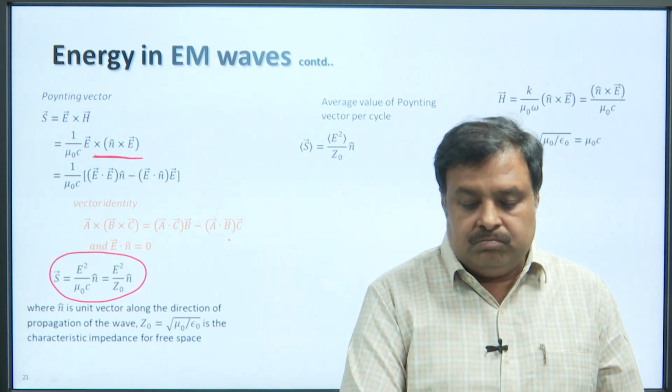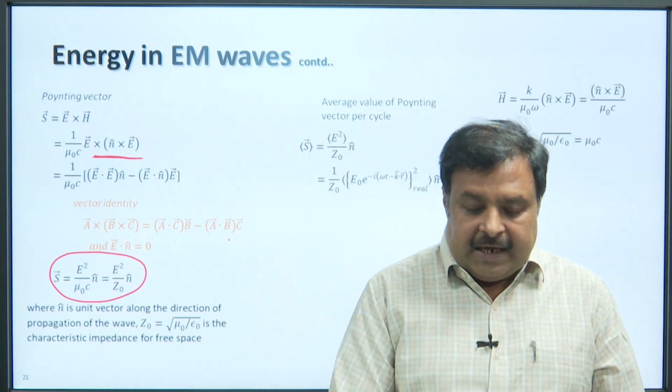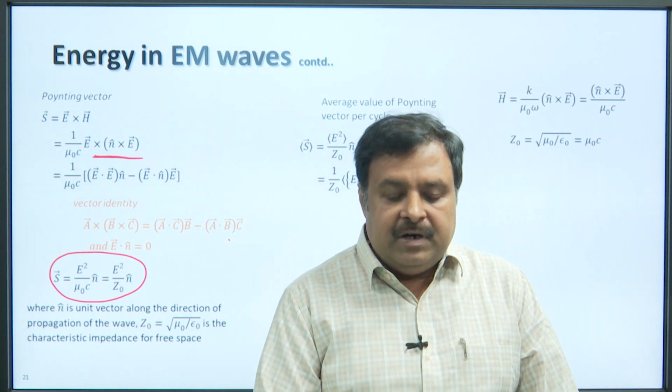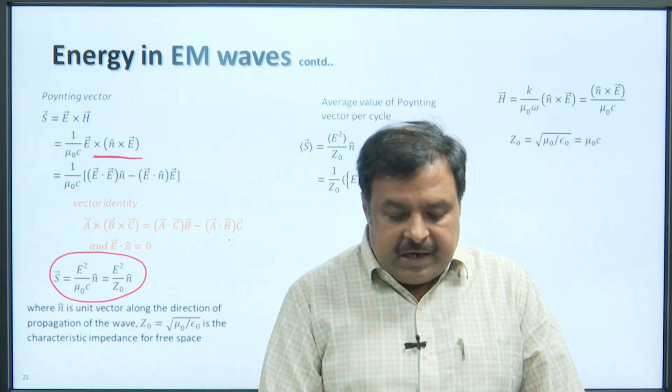For the average value in a cycle, the wave electric field is supposed to vary harmonically in time.